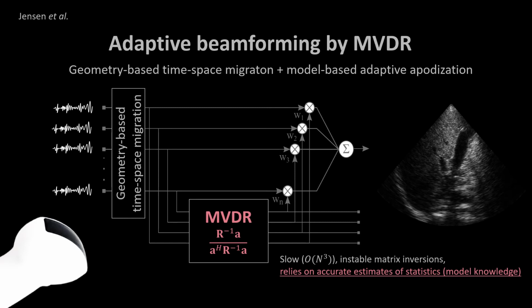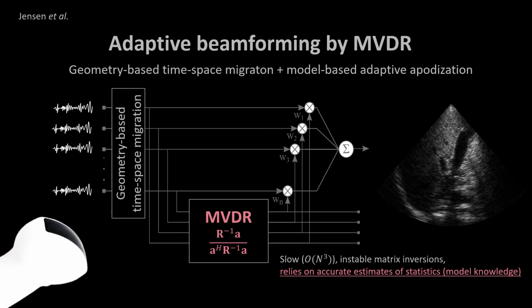We talked about it before, and it includes a geometry-based time-to-space migration, so that is mapping the channel data versus time to space, so pixels and channels, and then adds a model-based adaptive apodization to those channels for each pixel. The problem with MVDR is that it's slow, it can have unstable matrix inversions, but very importantly, it actually relies on very accurate estimates of the statistics which you get from snapshots. So it needs to know this a priori model knowledge.